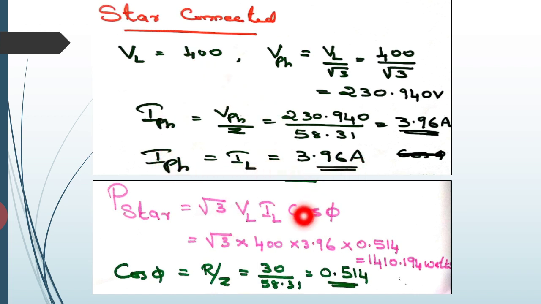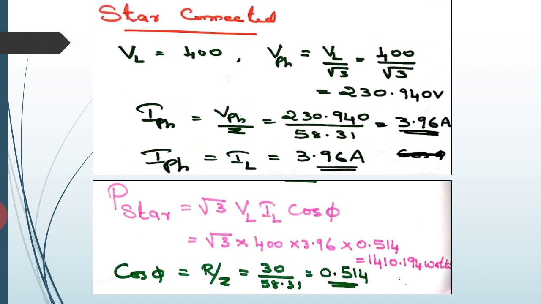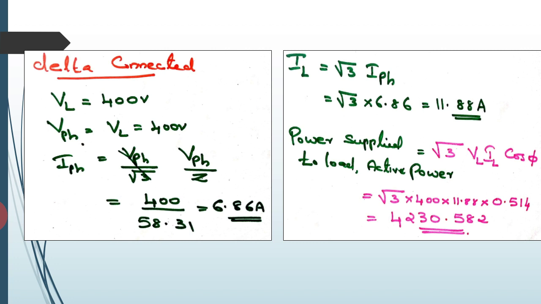Then power factor is obtained by the relation cos phi is equal to R by Z. Using this you can obtain 0.514 as cos phi. Then power is 1410.194 watts.